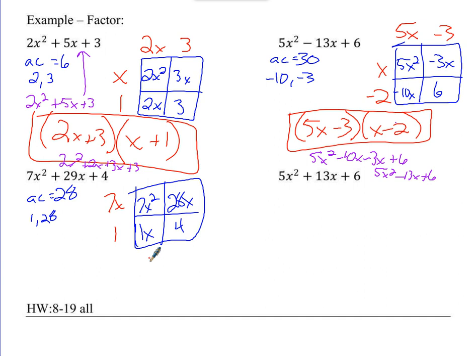What's the biggest variable that goes into both of those? X. So we got 1x is the GCF, which means just x. Okay. You actually did it. And somebody else. Four. Jenny. What's next?